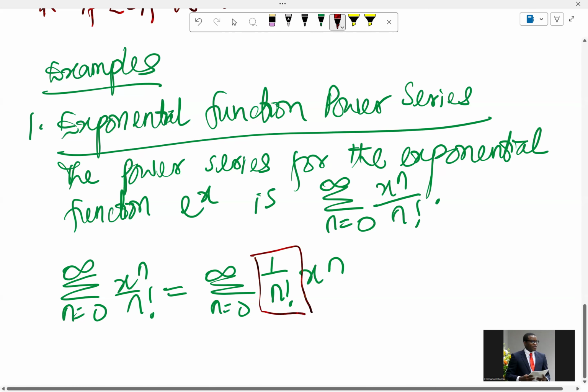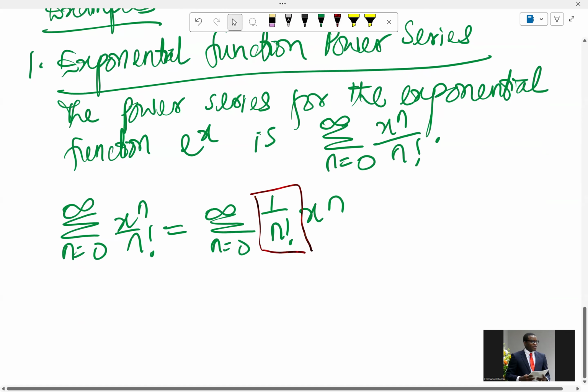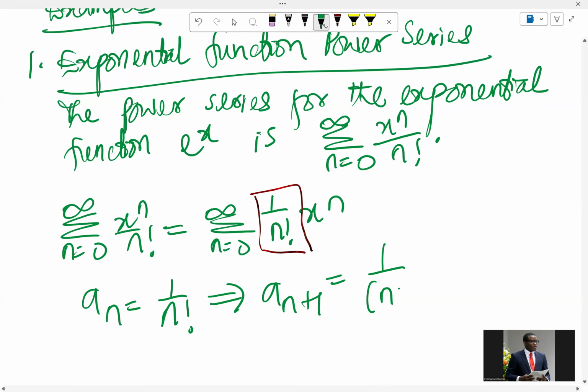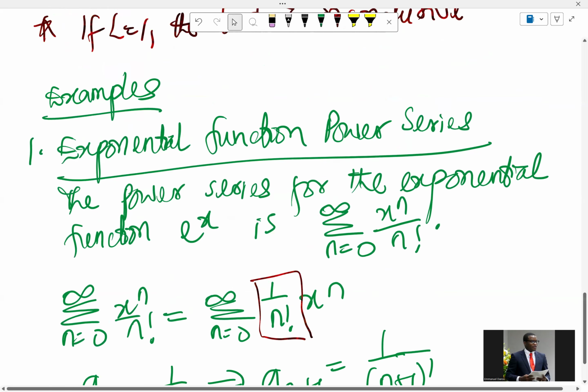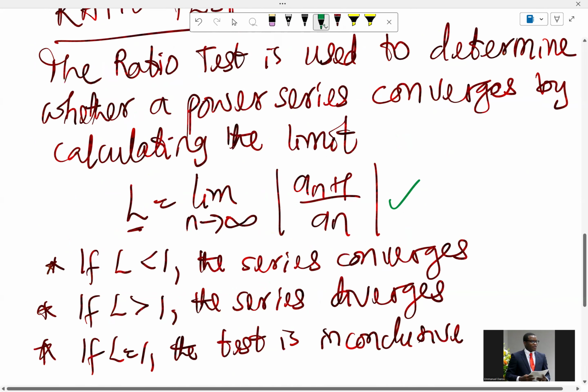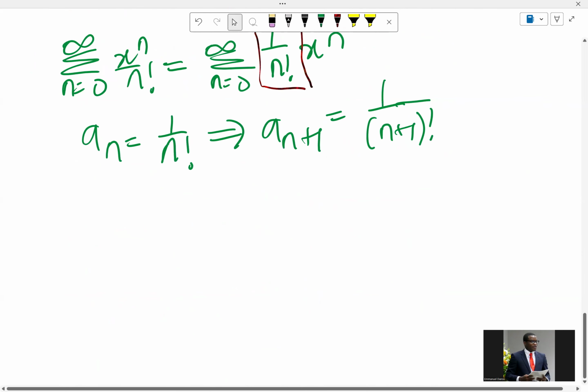We know that a_n is actually 1 over n factorial. So this simply implies that a_(n+1) will be 1 over (n plus 1) factorial. And now you can use this expression to find the limit.